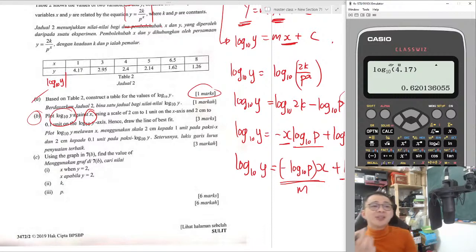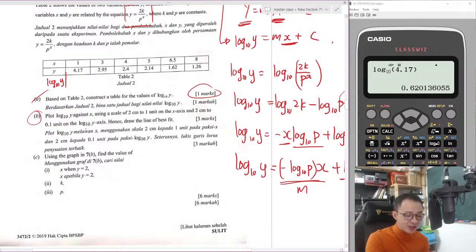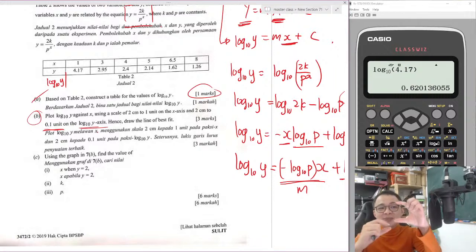Now, because a lot of students ask me, sir, how many decimals should we take for this kind of question? I say always follow back the scale at part B. Right now it's log 10 y, and your log 10 y axis is about 0.1 unit. If this is 0.1 unit, imagine every 2 centimeters from 0.1 to 0.2, so you can read one more decimal, right?